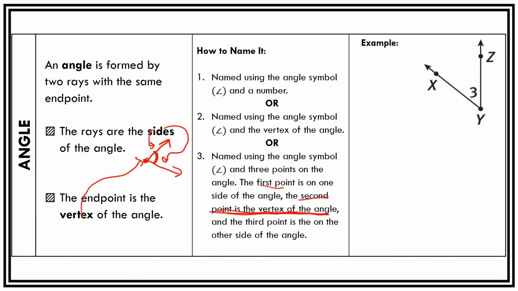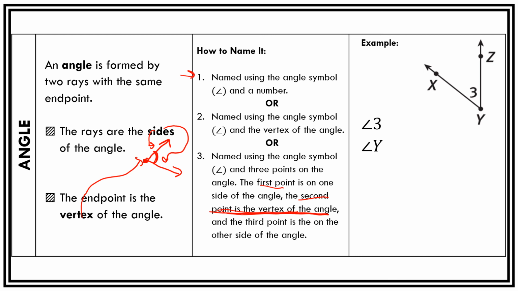I've got this angle right here, and I've got a bunch of different letters and everything up here, okay? So first I'm going to name this angle 3. Okay, that's using the first way to name it. We have that 3 there, and I can name that angle 3 very easily. I could also name it angle Y, because Y is the vertex of the angle. And then now we're going to go over how to name it with the 3 points. So we know my Y is the vertex of my angle.